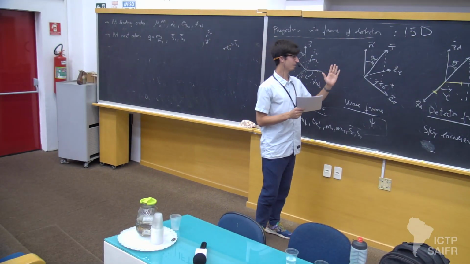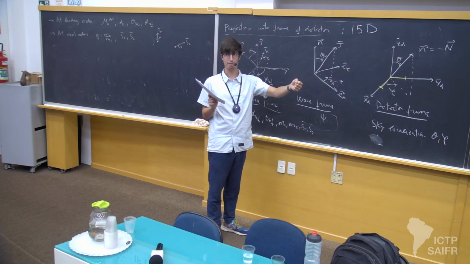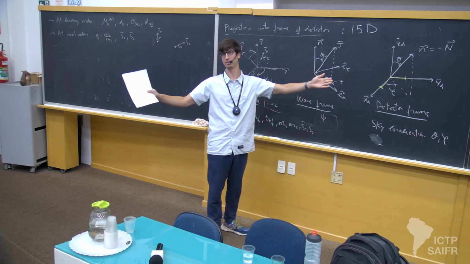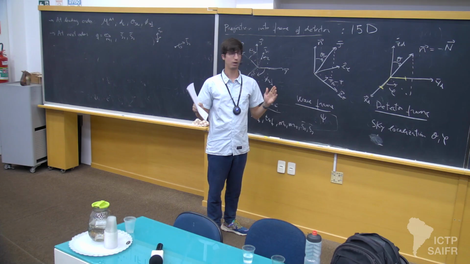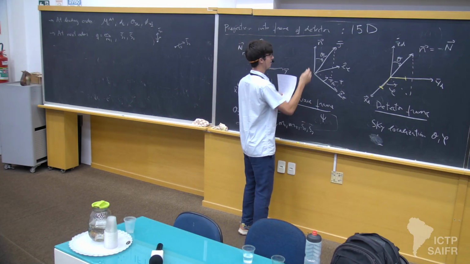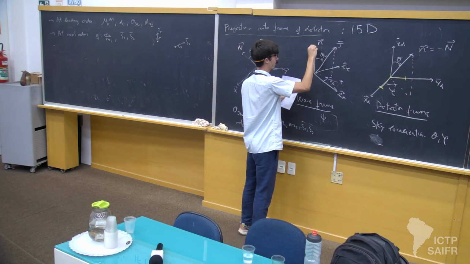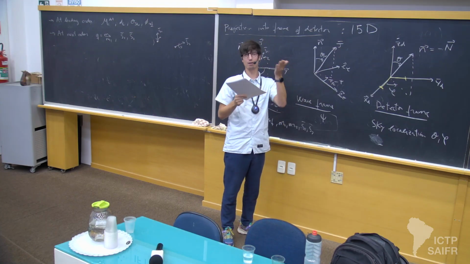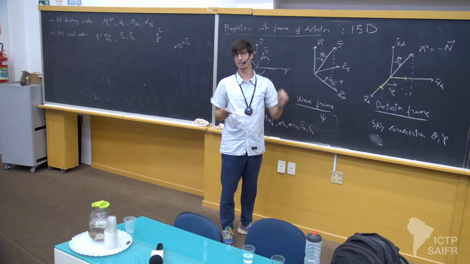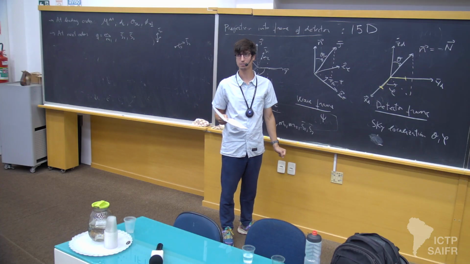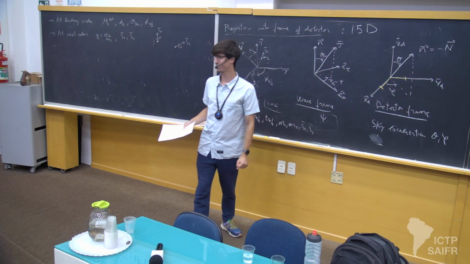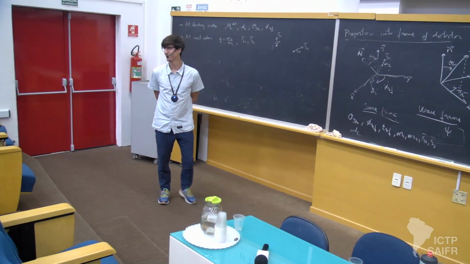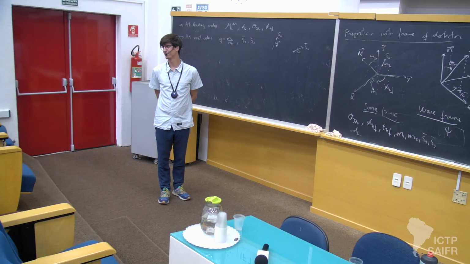Yes, so this is the fact that you have a freedom to choose the basis, how you define your plus and cross polarization, essentially. So this is n. You can rotate, so there is an extra freedom there to change the basis.